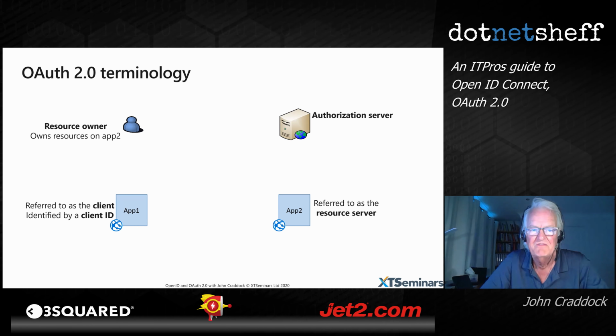Well, when Microsoft first implemented this in Azure AD, they didn't like the term client. They preferred to call it application. So not only did they call it application, but they also renamed the client ID to an application ID. They were a little bit naughty, you know, they didn't like the name a particular standard was using, so they would rename things. If you look on the wire, what do you see passing? The client ID, right?